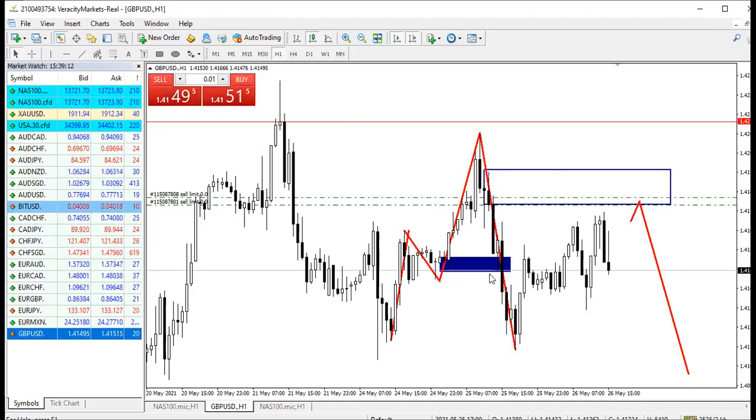After breaking, we have a head. So within the head, we look for an imbalance, big candle. We mark the wick of the big candle. So I have this strong drop. So I mark this zone.